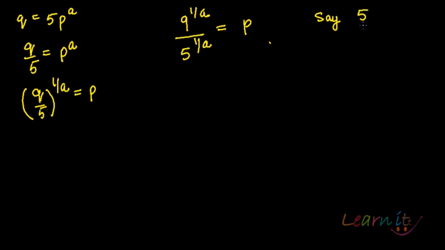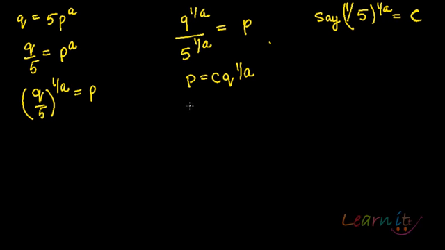Say 1 by 5 to the power 1 by a is equal to anything, whatever, so c. So I can write this as p is equal to c q to the power 1 by a. This is your demand function.